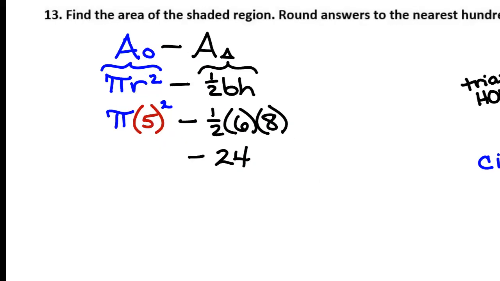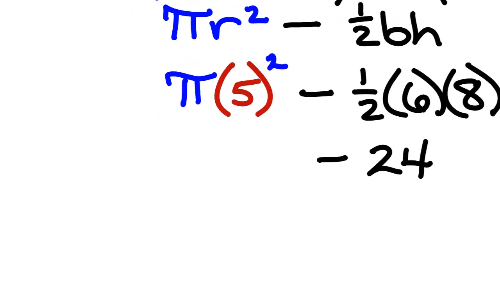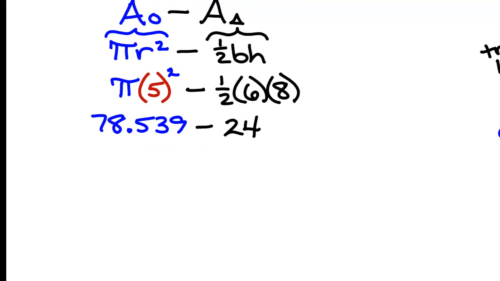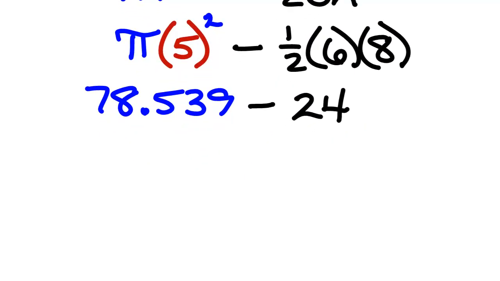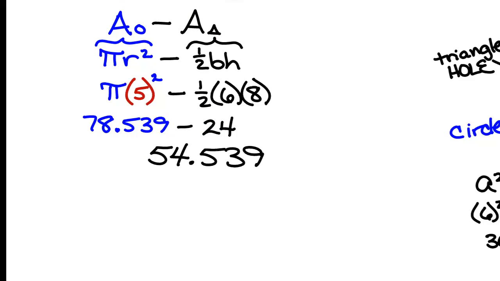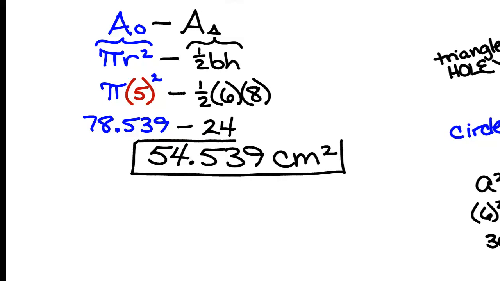What is pi times 5 squared? 78.539. And from that, we need to subtract 24. What do we get? 54.539. Should we put units with that? Centimeters squared, yes.